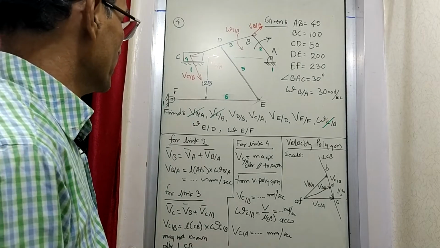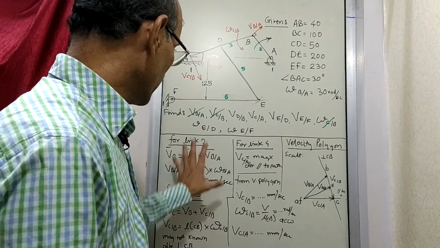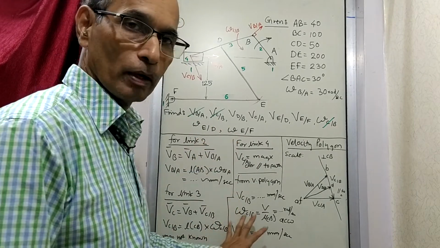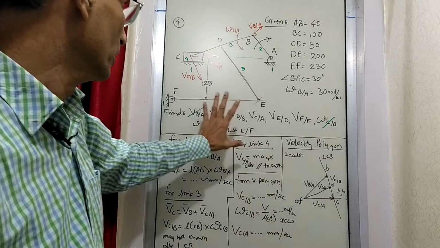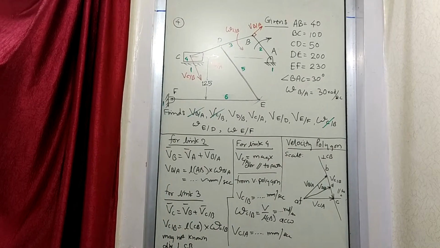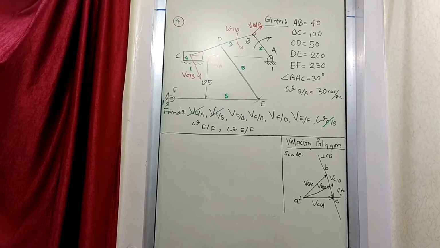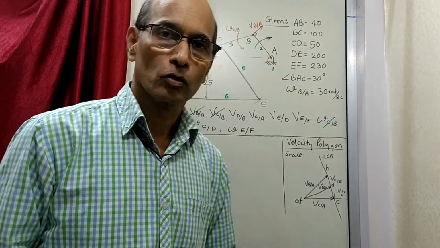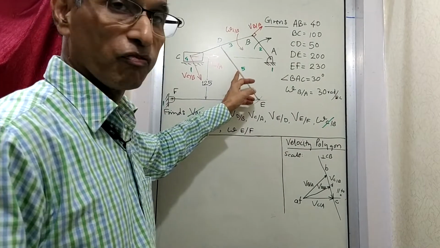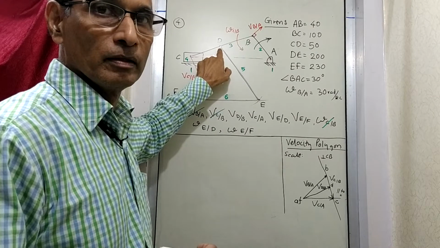So what we do is, now you can write down this much. Then I'll erase this part and we'll solve the rest of the problem over here. Okay, so write down this very well. Now we will go to link number 5, because for link number 5 we know velocity of one point, which is D point.